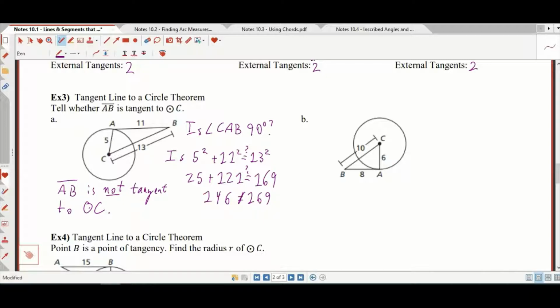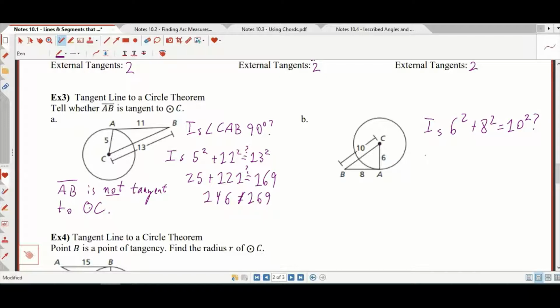Nope. Let's try this one. So again, the question is, is CA perpendicular to BA? We don't know if it is or isn't. So we're going to check if this is a right triangle. Is 6 squared plus 8 squared equal to 10 squared?